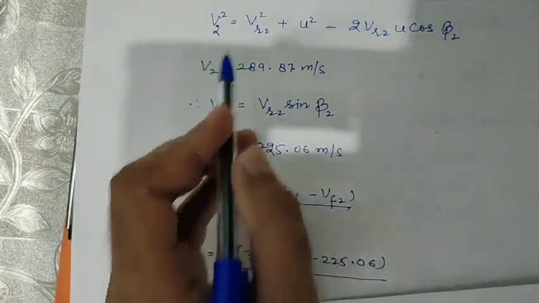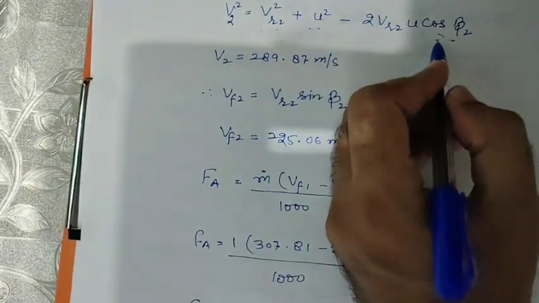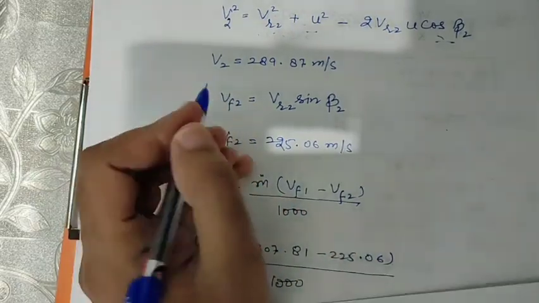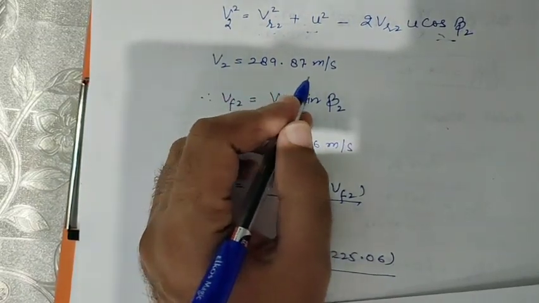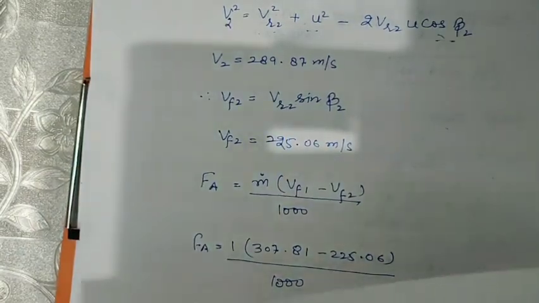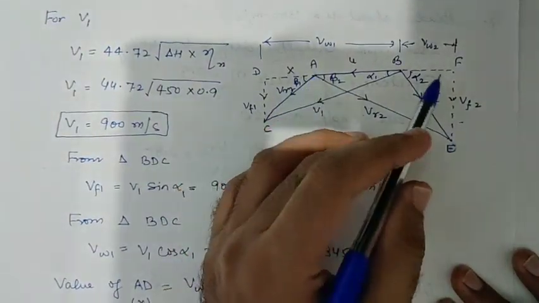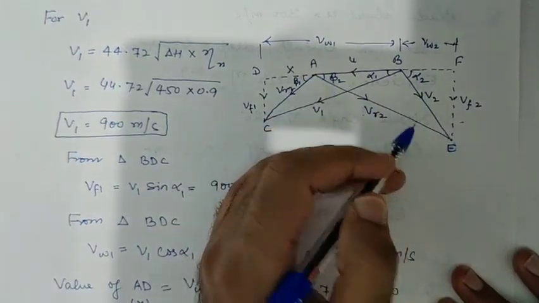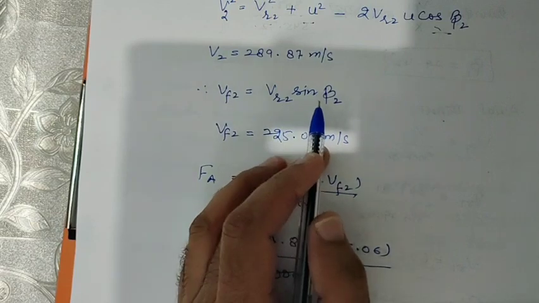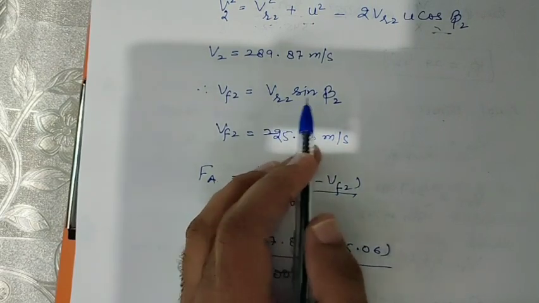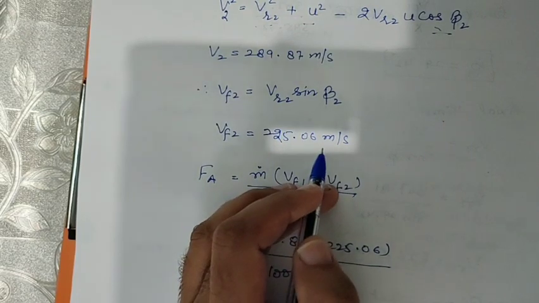VR2, U, and beta 2, which is 25 degree, are known to us. From here we calculate V2, which is 289.87 meter per second. Taking triangle AFE, VF2 is equal to VR2 sin beta 2.